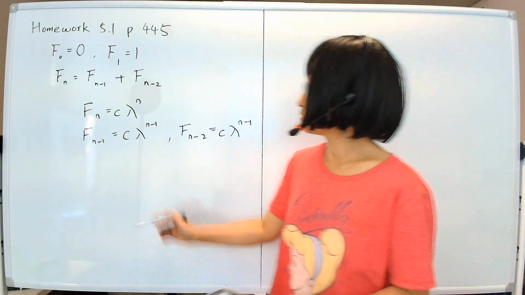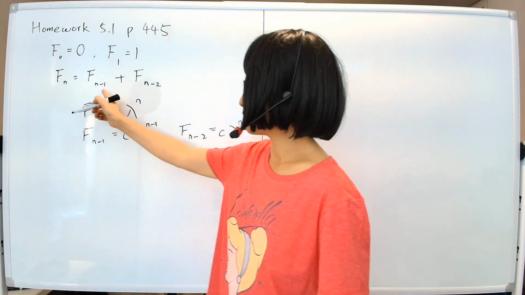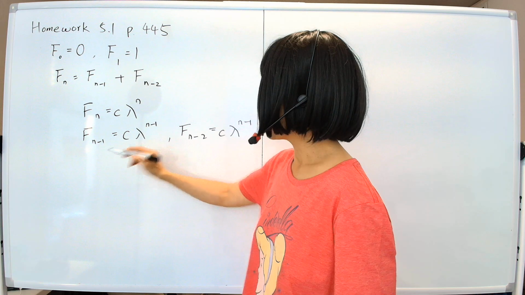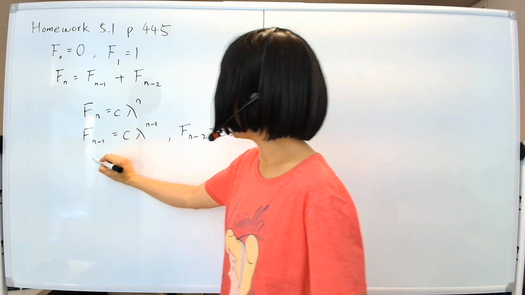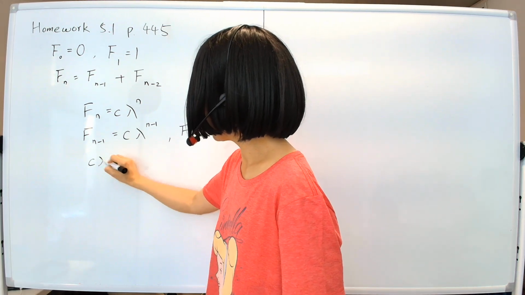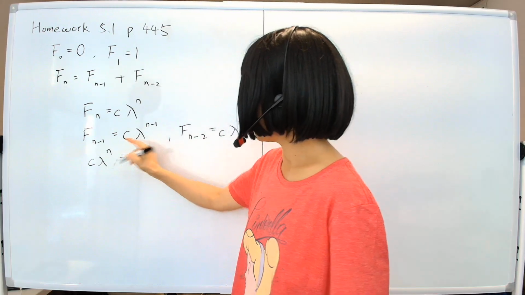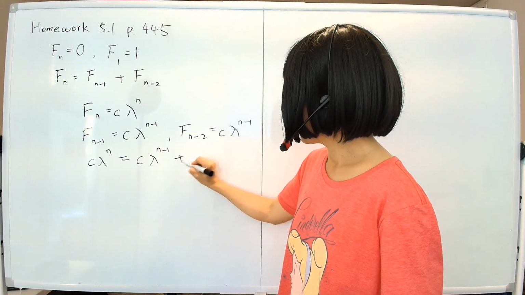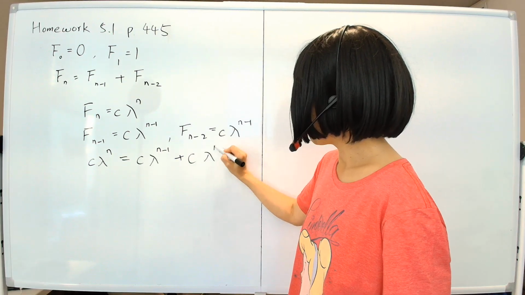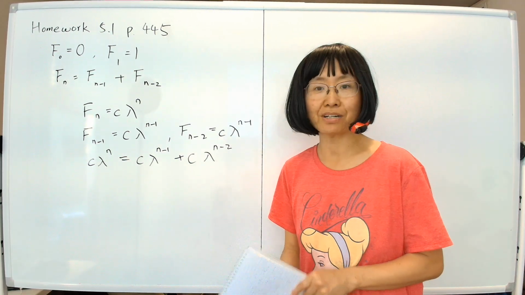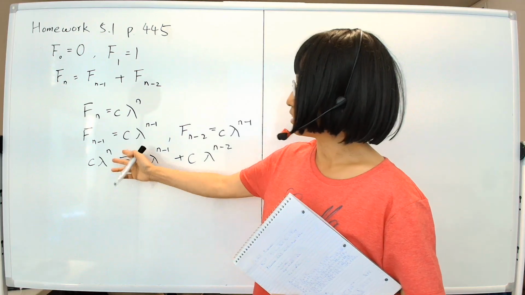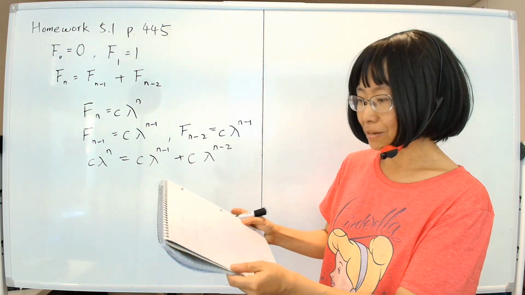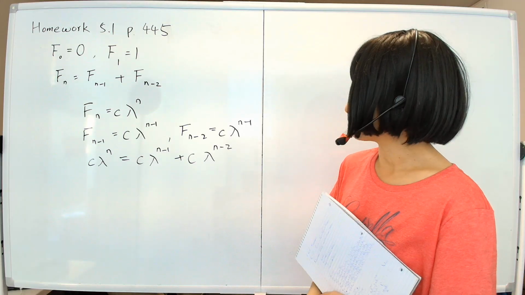So we're going to solve this equation, where Fn equals Fn minus 1 plus Fn minus 2, for lambda, I guess. Let's write that out. Fn is c lambda to the power n, which equals c lambda to the n minus 1 plus c lambda to the n minus 2. The first question is, where do we get this idea of lambda to the power n? Did we get inspired by that little bit of stuff we did earlier?